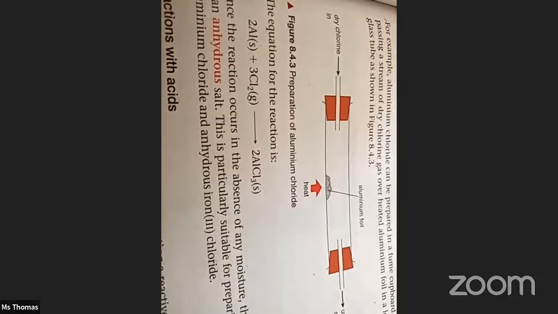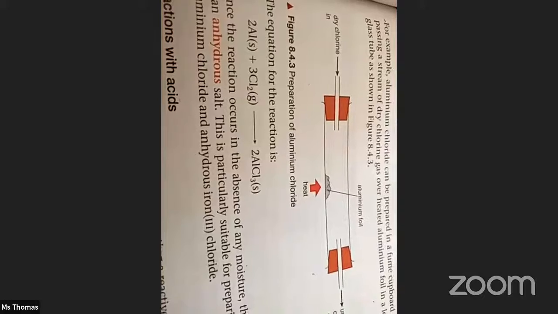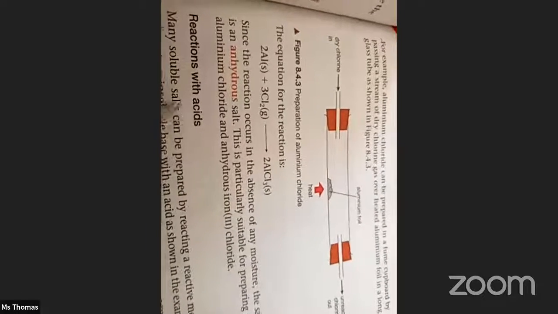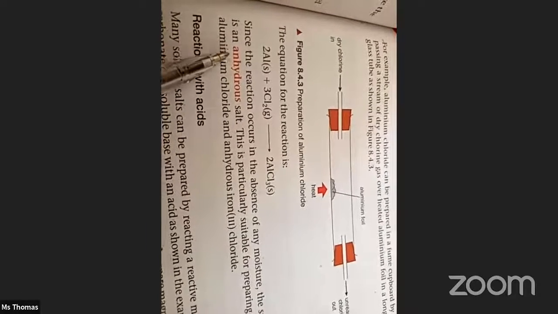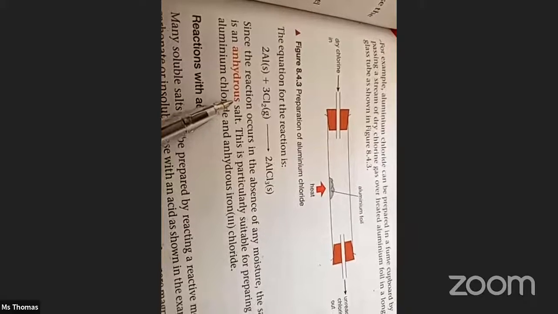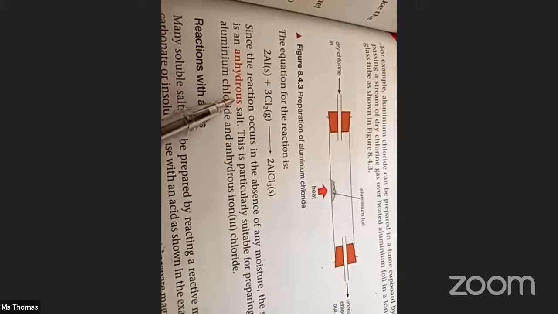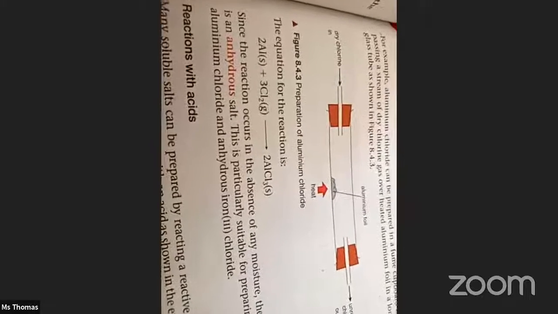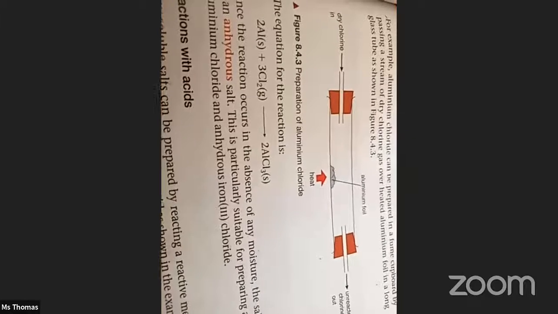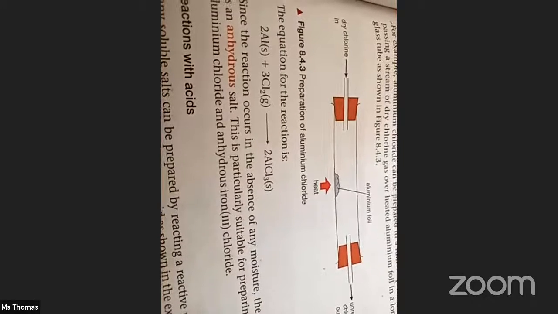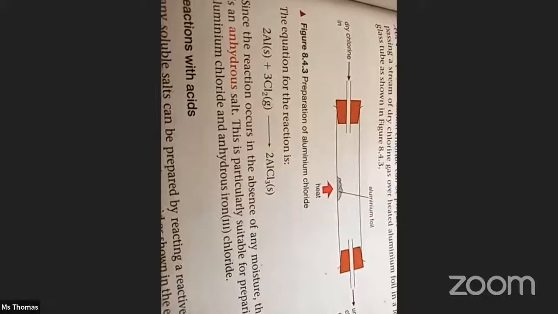Now, scientists typically use direct combination when you want to prepare an anhydrous salt, meaning absence of water. Is that clear to everyone? Yes, miss. All right, now we're going to move on to reaction with acids.